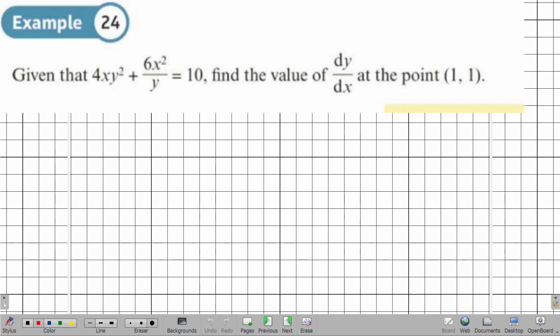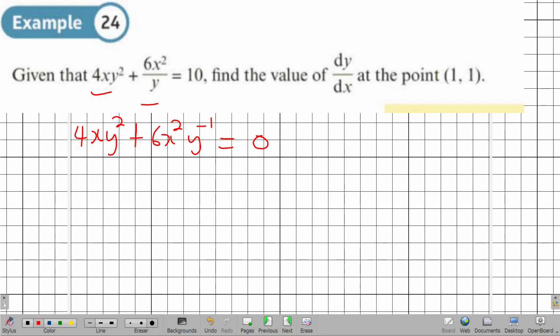Next example, you might also see that this is a product, this is a quotient, so you've got two ways to deal with this one. I would advise that it is much easier to rewrite it and say this is 6x squared y to the power of minus 1 is equal to 0. I'm going to use the product rule.